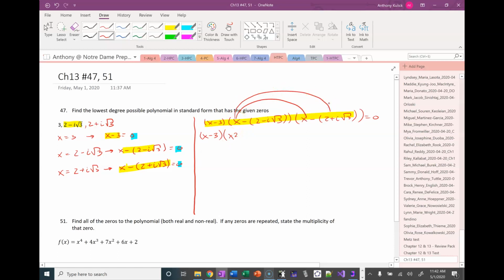And then I'm going to multiply x by negative the quantity 2 plus i square root 3. Again, you could do this where you don't have this extra set of parentheses in here, but this is just the way I like to do it. And I do the same thing here, and then I multiply those out.